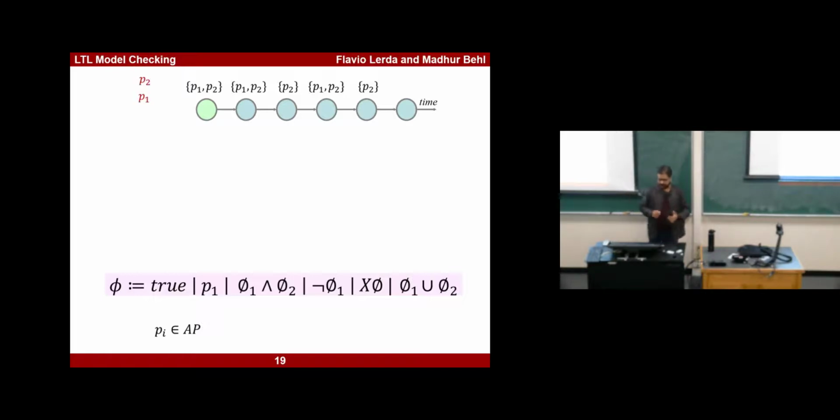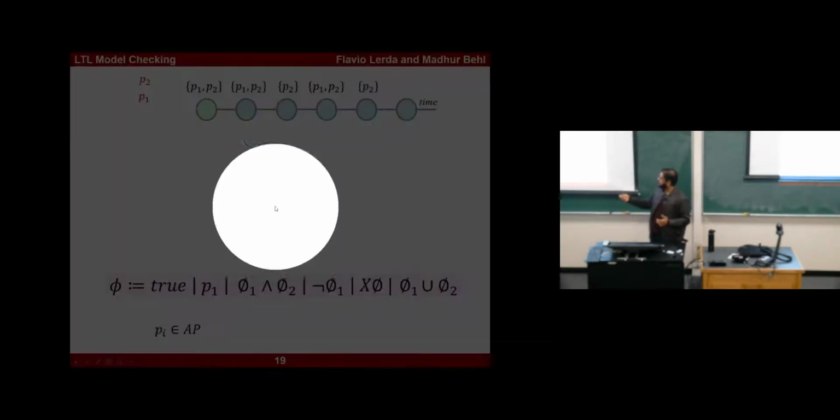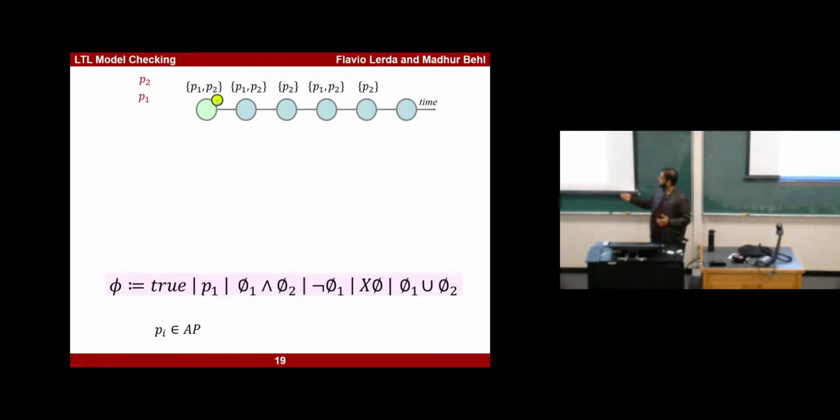In this example, both of these are valid LTL formulas, right? I can say, does this trace satisfy P1? And the answer is yes, because P1 is true now. Does this trace satisfy P2? Same logic. P2 is also true now. How do we know they are true? Because we are given this labeling function, or the trace is telling us what is true when. Okay?